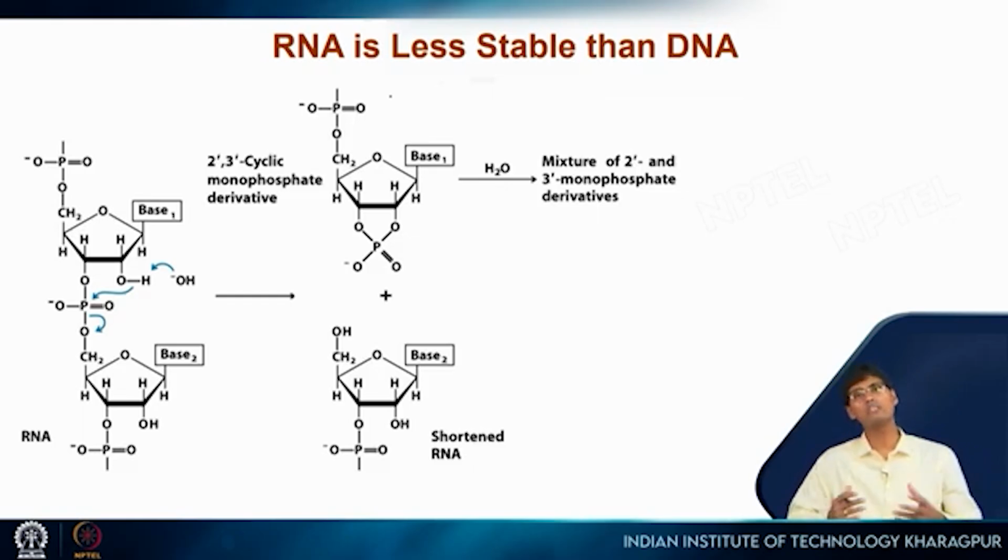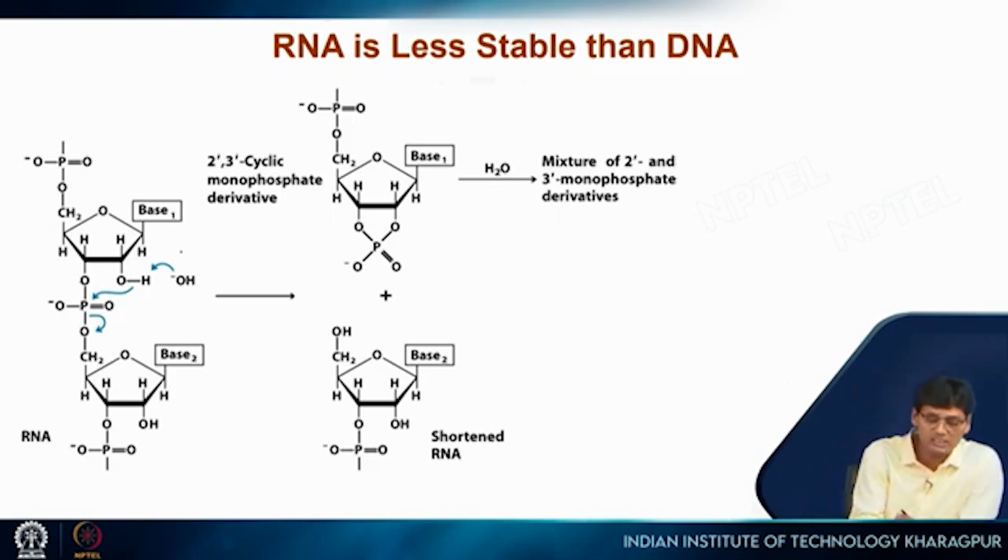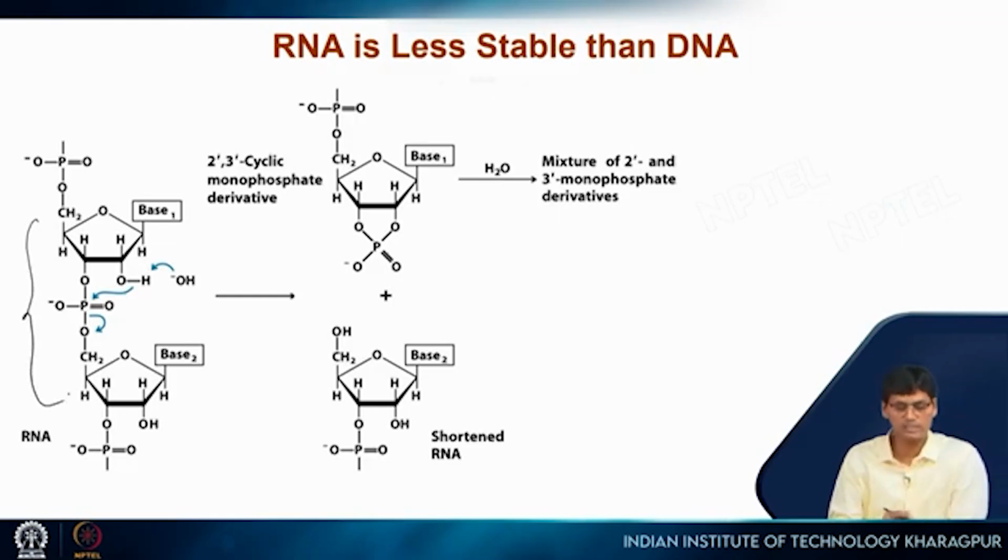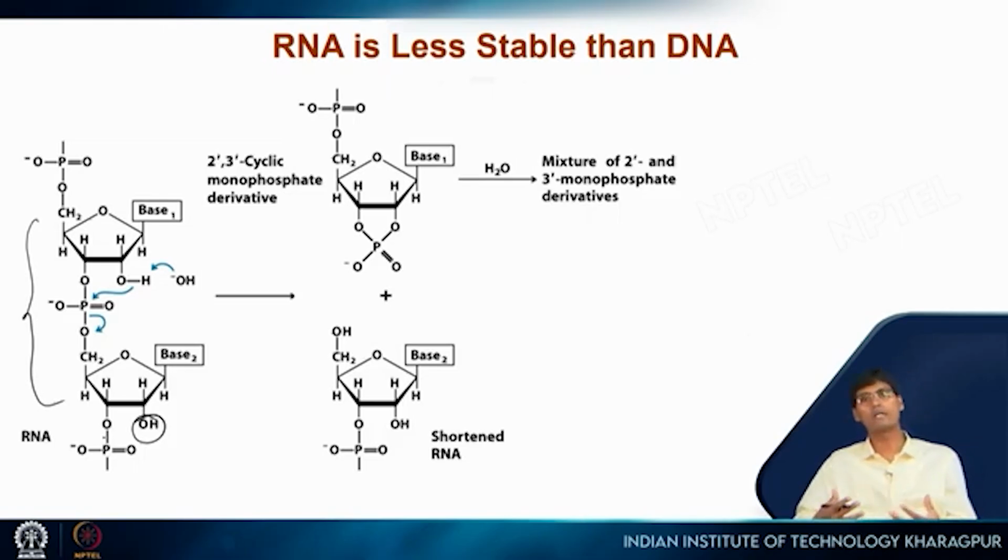So I always told that DNA is our genetic material. DNA is also much more stable compared to RNA. If we see RNA here, this is a segment of RNA we are showing, just 2 nucleotides, ribonucleotides particularly. Now we have this OH group present here. And in our body, in our cellular environment, the pH is a little bit basic, around 7.2 to 7.4.